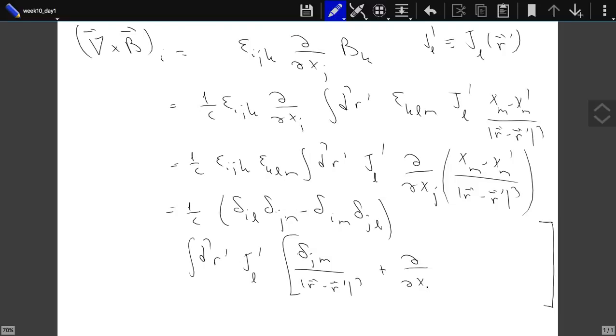Let me remove this one, so this will be del over del x j, del over del x m, 1 over R minus R prime, and there's a minus sign. This one is x m. I can convert it to x m prime if you like.